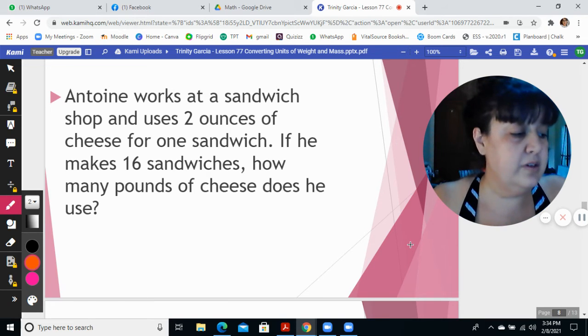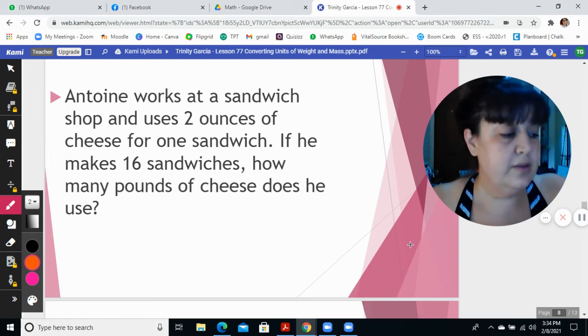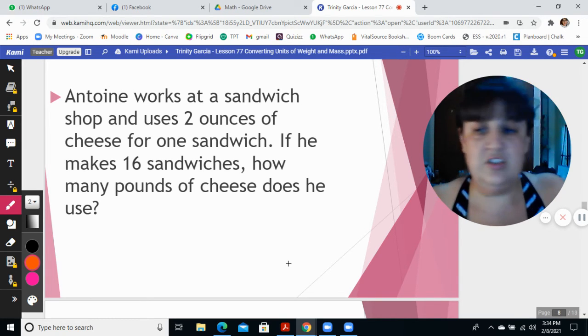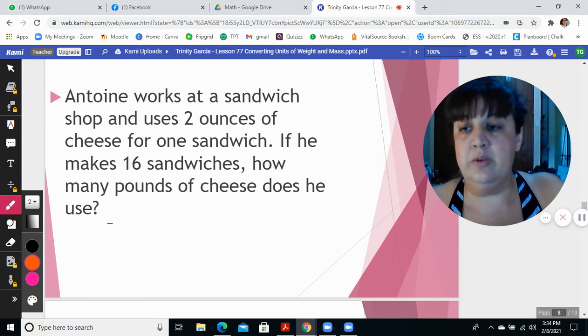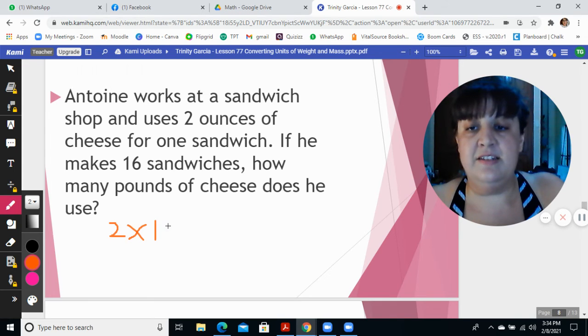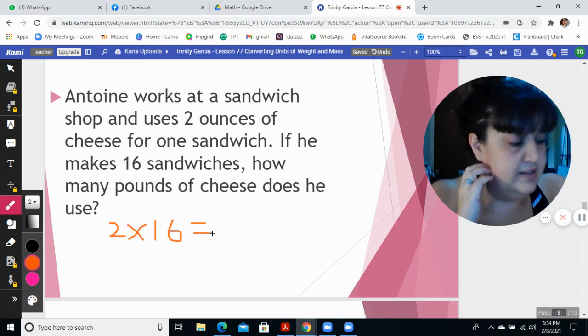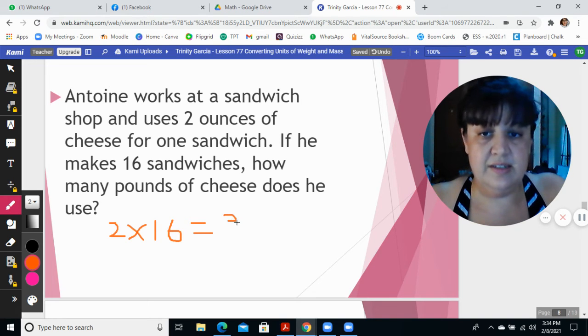If 1 sandwich uses 2 ounces of cheese, 16 sandwiches would use 2 times 16 to figure out how many ounces of cheese were used. And 2 times 16 is going to get you 32 ounces.